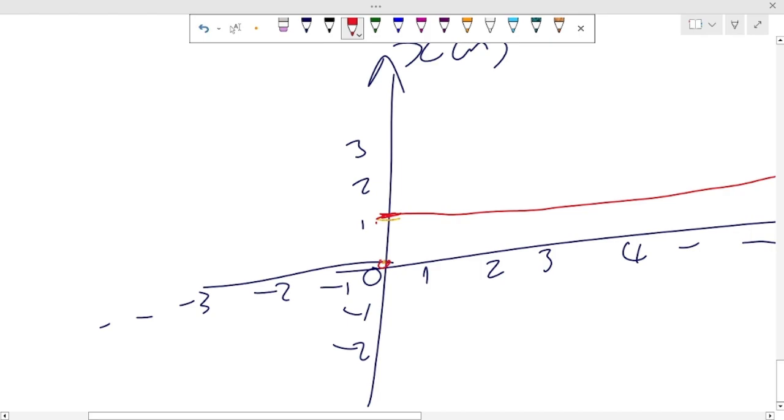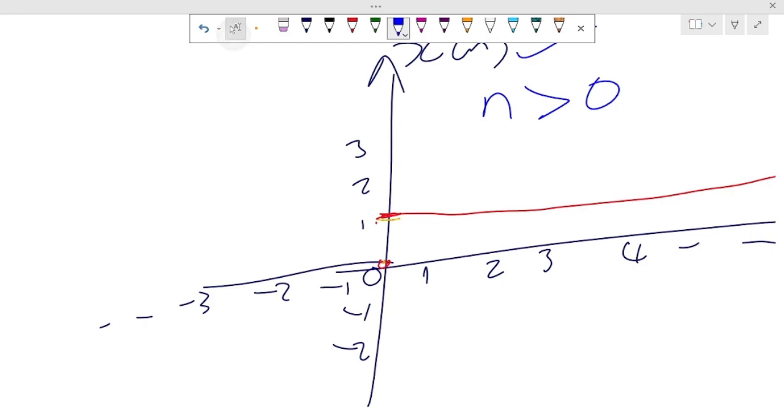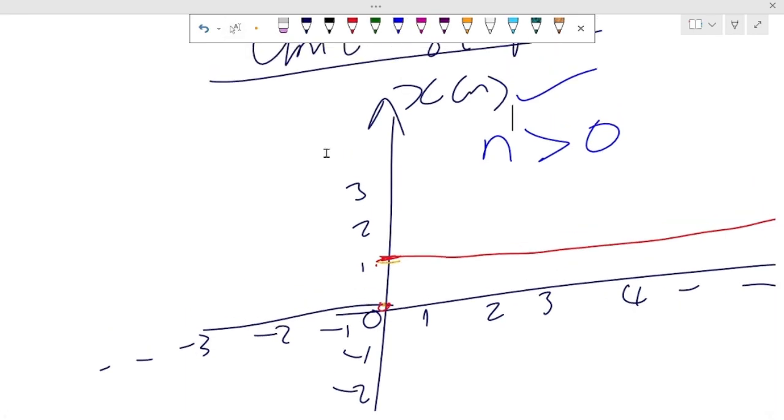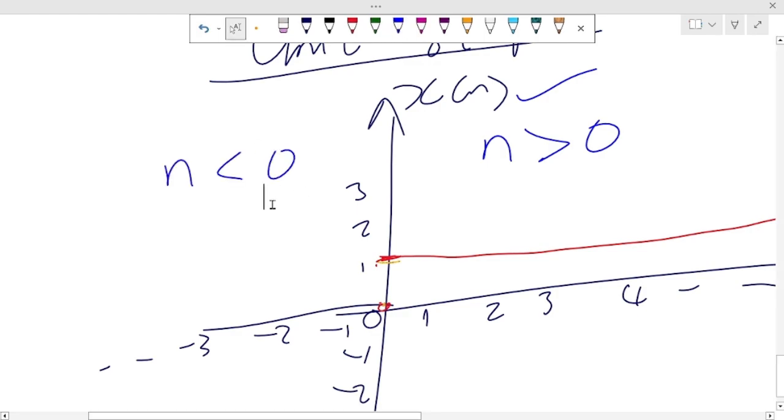So are you saying that all the values of n, when n is greater than 0, then we have values for x of n. Okay, but when n is less than 0, we do not have values for x of n.